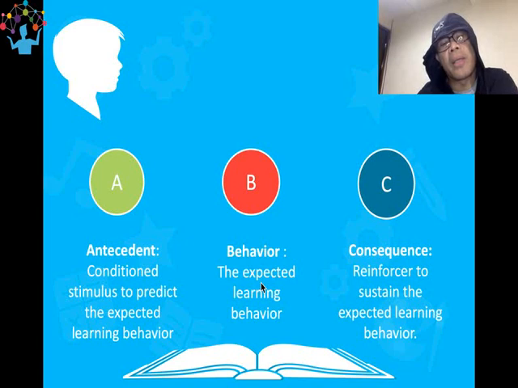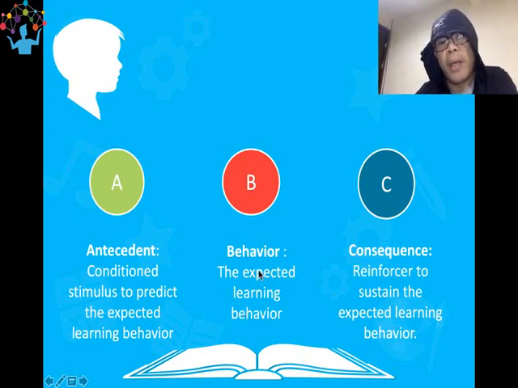That's why we call it antecedent. It's a stimulus before a behavior, and the consequence reinforces the sustained expected learning behavior. So it means the stimulus or reinforcer after this behavior. Again, the behavior is the expected learning behavior.